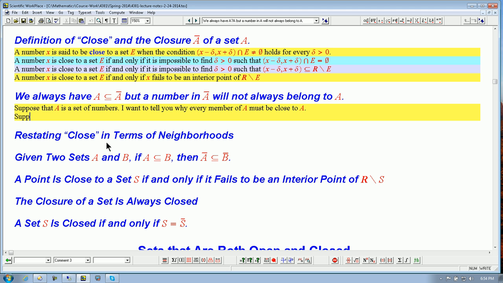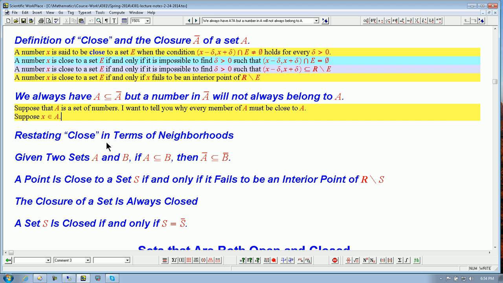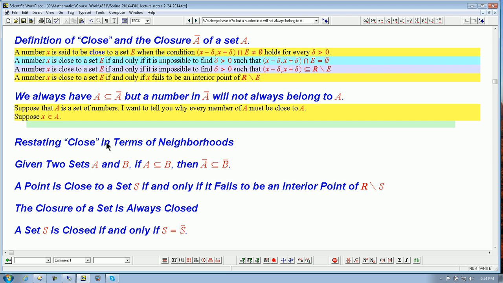Suppose x is in A. That's how you do it, right? Now let's think about close.